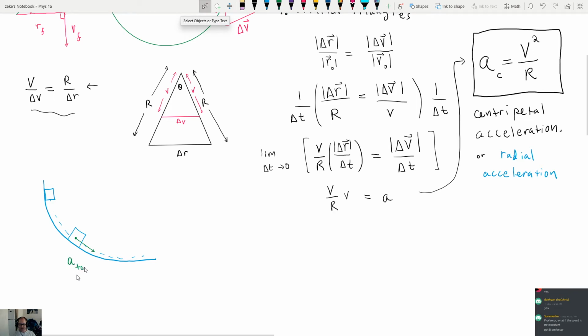I'll call it a tan. That's the direction of the acceleration along the path. And in this case, that tangential acceleration would be coming from where? If I just have a box that's sliding along a surface like this, what would be producing that tangential acceleration?